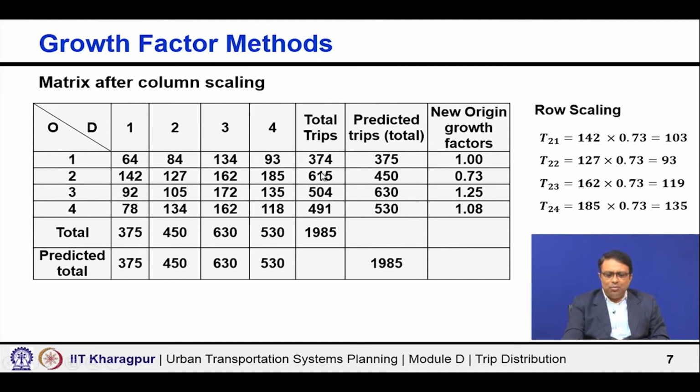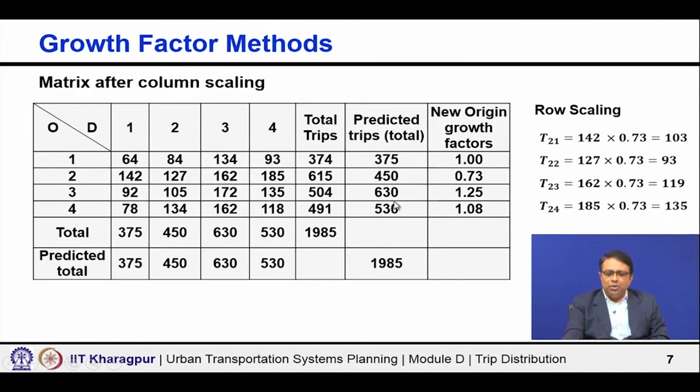So what will I do? Let us calculate the growth factors. 375 divided by 374, so we have say 1. Then 450 divided by 615, so 0.73. 630 divided by 504, 1.25. 530 divided by 491, 1.08.